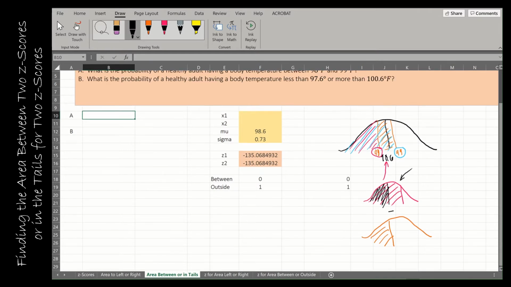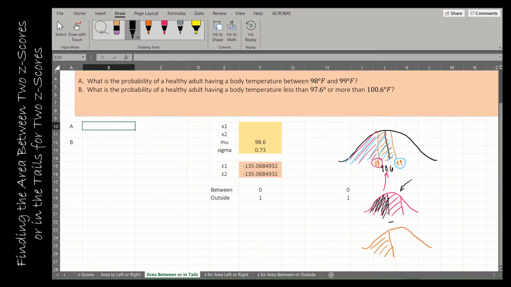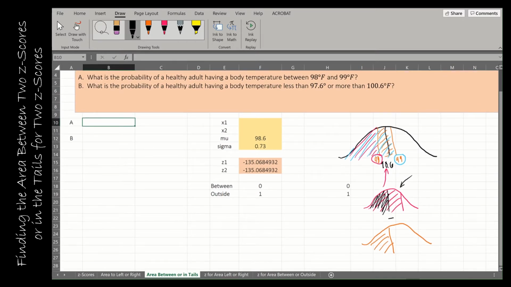So essentially what I'm saying is, if I want the area between two values, I need to take the greater, again using norm dist, minus the smaller or lesser using norm dist. So let's work through this first one together.